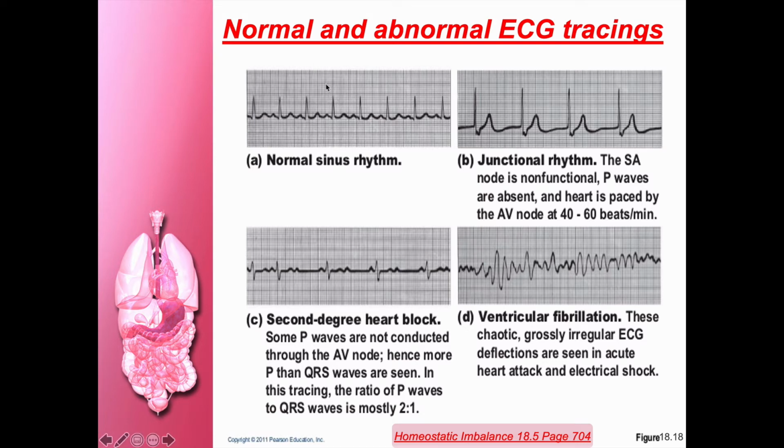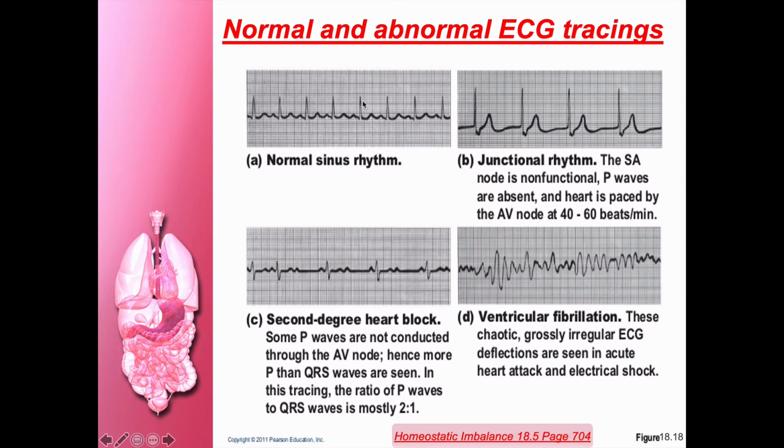On this paper, you can see there are large big squares, and inside there are small squares. If you look closely, you can count the number of heartbeats. The formula is 300 divided by the number of big squares between the R and R interval. In between you have to count how many big squares there are, for example 1, 2, 3, 3.5.